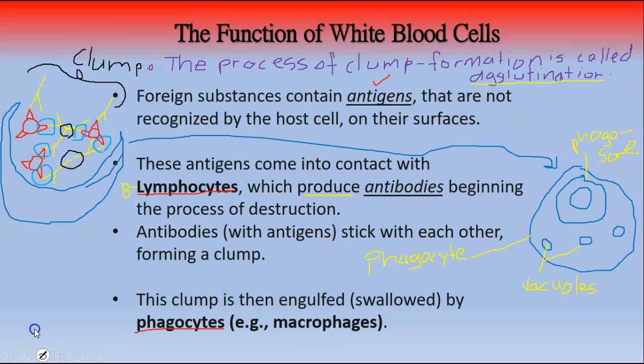They would secrete enzymes destroying the phagosome.